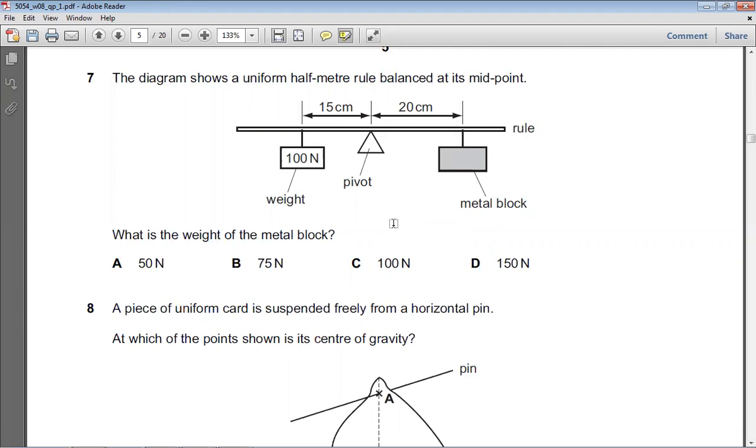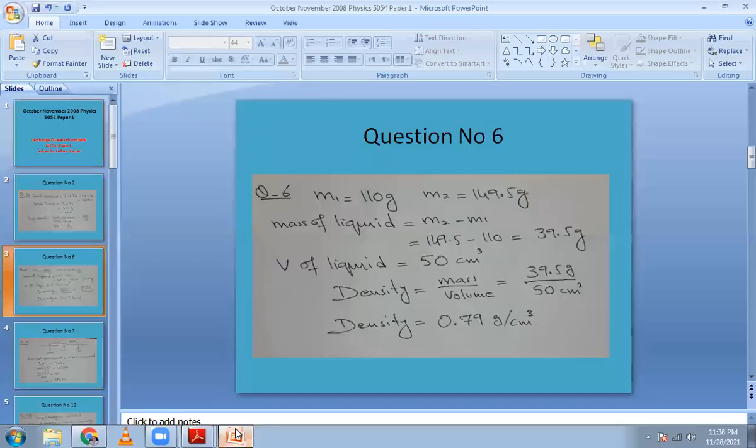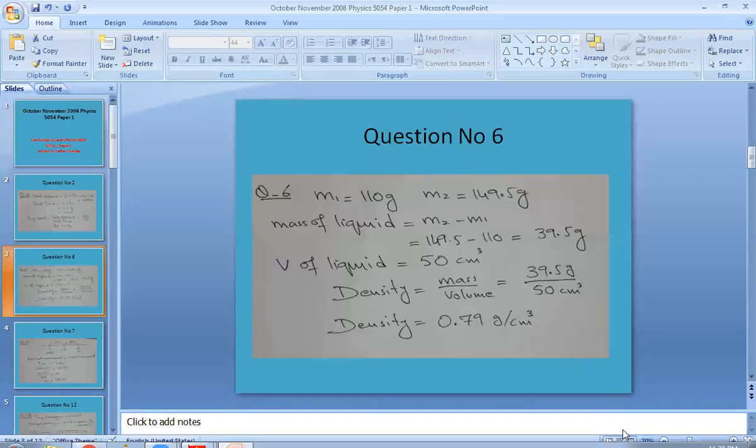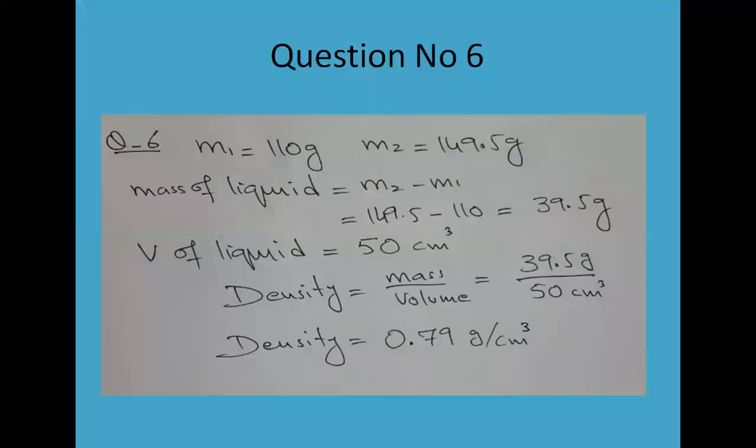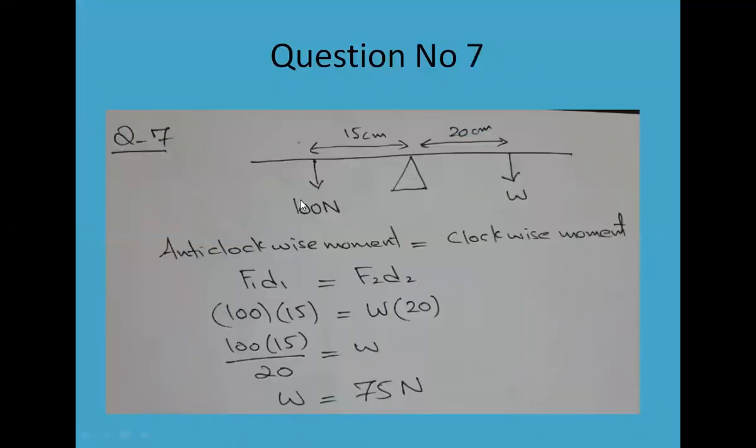The anti-clockwise moment will be equal to the clockwise moment according to the principle of moments. So we can find the weight of the other block. 100 Newton with moment arm 15 centimeter; the weight here I don't know, and its moment arm is 20 centimeter. So F1 D1 equals F2 D2. 100 multiply 15 equals W multiply 20.